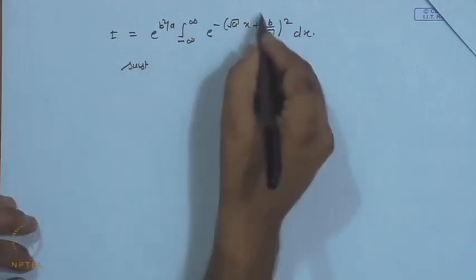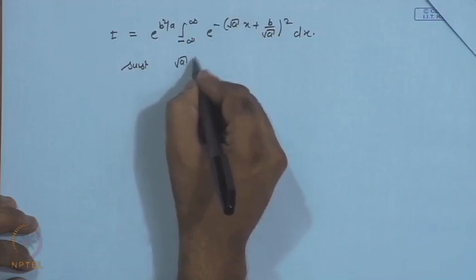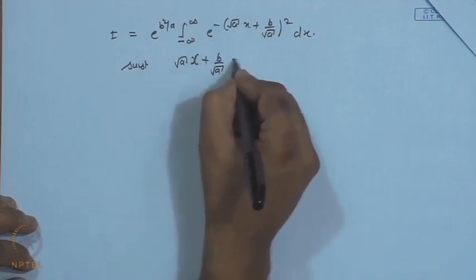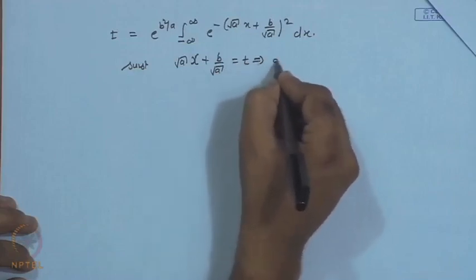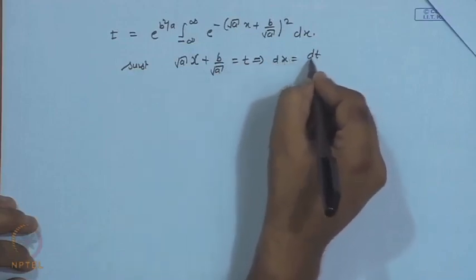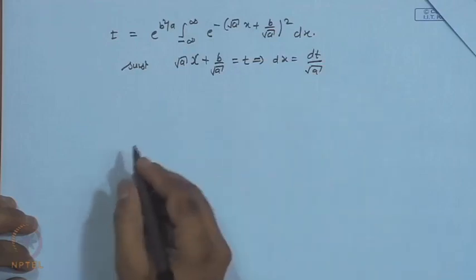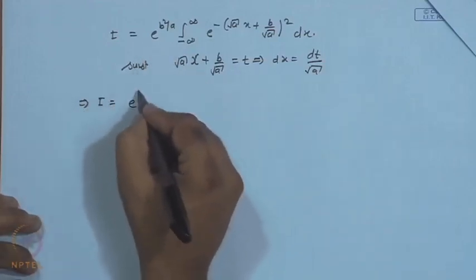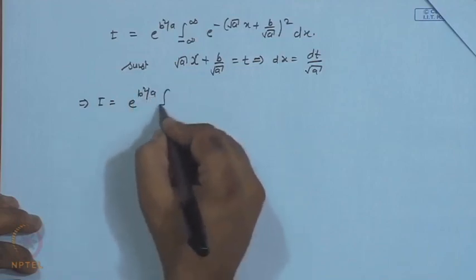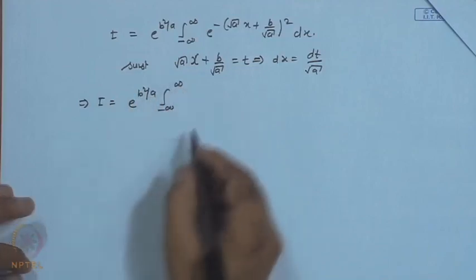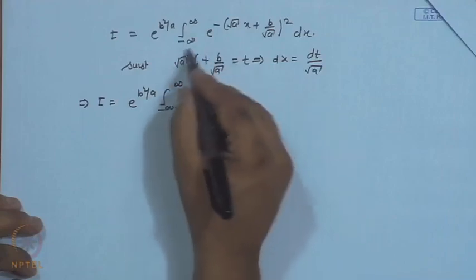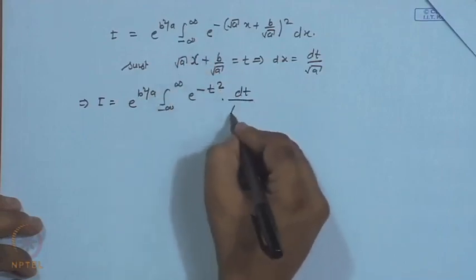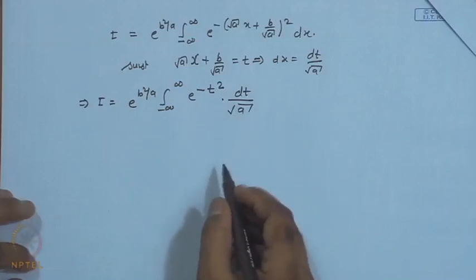Now, we substitute a new variable: square root of a x + b over square root of a equals t, so that dx equals dt over square root of a. This implies that I is e^(b^2/a) times the integral from minus infinity to plus infinity of e^(-t^2) dt over square root of a.